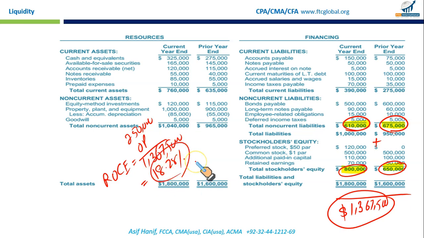So again, this percentage won't mean anything unless you compare it with last year, with competitor, or your expectation, or the industry average. So again, we took operating profit for the year and we took average of the capital employed, because whenever you take the income statement number and a balance sheet number, the balance sheet number must ideally be averaged.